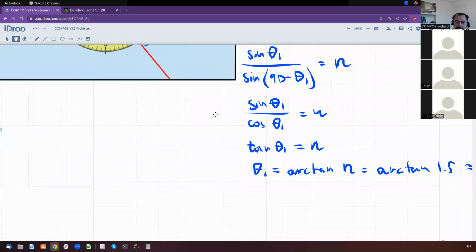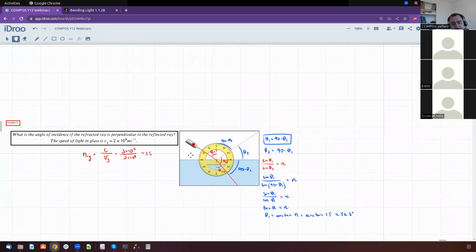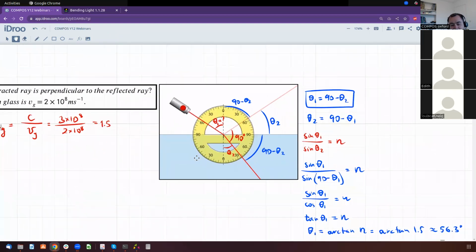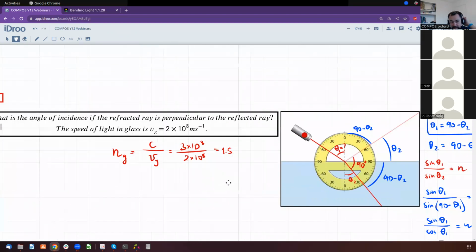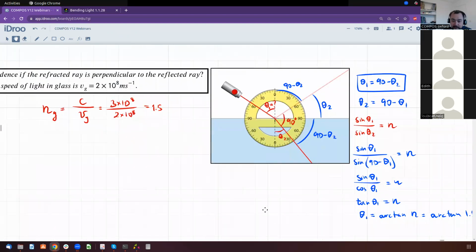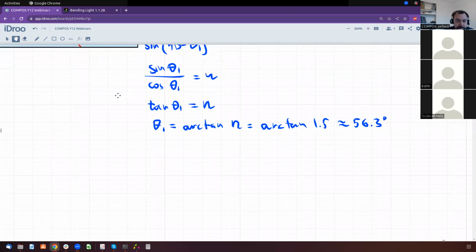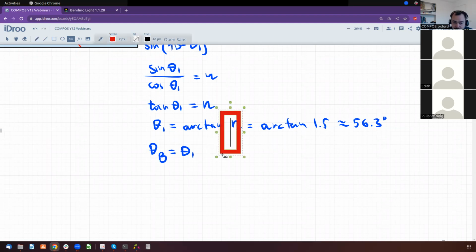Okay. Now, this is not a coincidence. This angle has a meaning. It's called the Brewster angle.